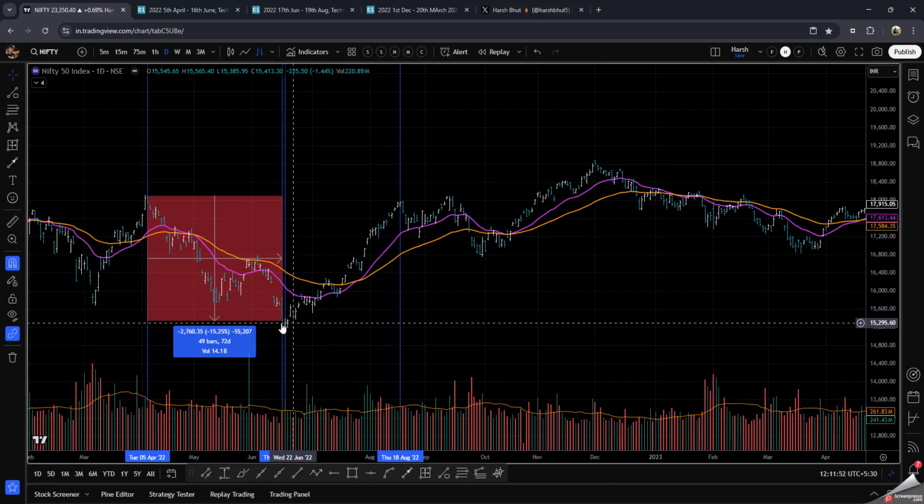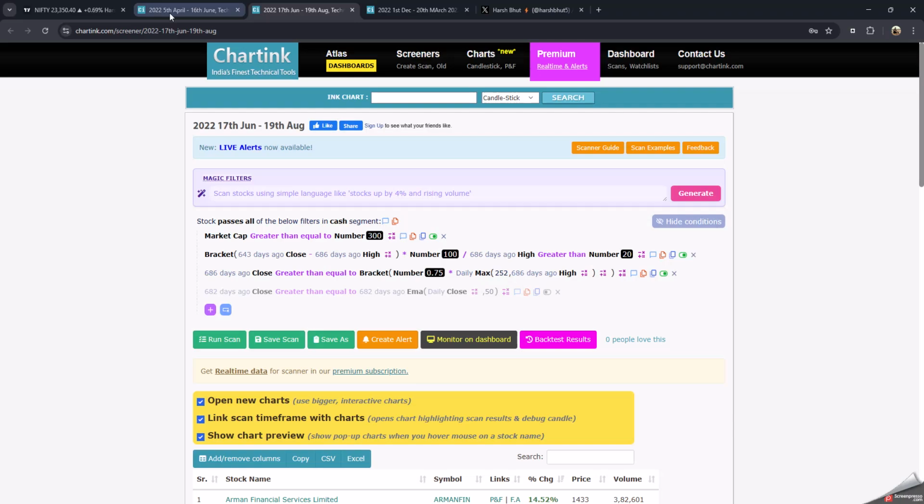And also the condition here: if I go to another scan which I've already made for you, you can see the stocks which are giving a 643 days ago close. Why 643 days ago and 686?